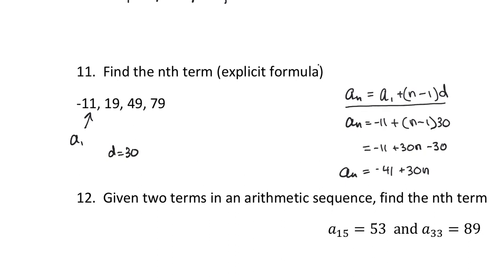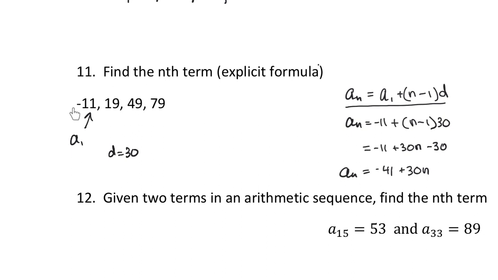It's totally fine. The other way we describe this is an arithmetic sequence is described with an nth term formula that's linear, where you could think of this as a slope, a constant rate of change, which is plus 30 every time. That's a constant rate of change. And then negative 41, if we think of y equals mx plus b, b is your y-intercept when x equals 0, or an imaginary number in front of the first term when n equals 0.